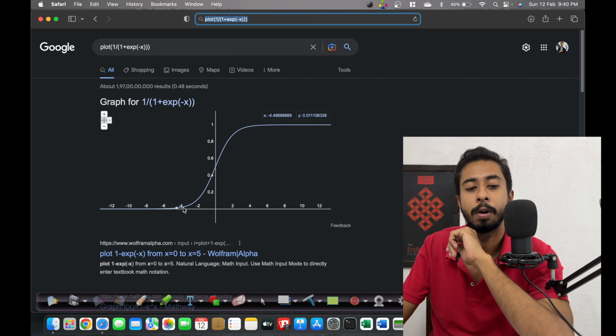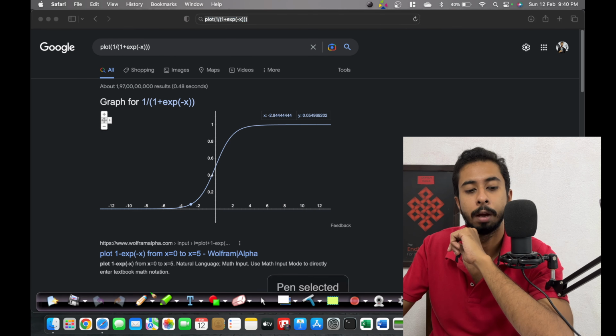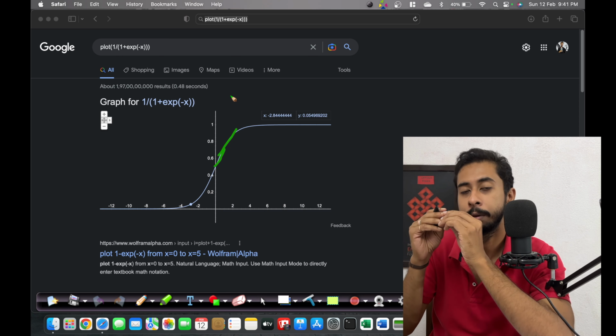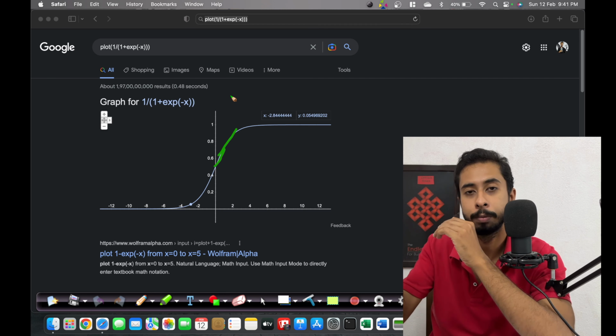You can see the sigmoid function. You see here, for small values it is basically increasing, I'll just use a pen, yeah. So for the small values, you can see this is linearly increasing. That means for some value, say 1, it will give the output as 1.